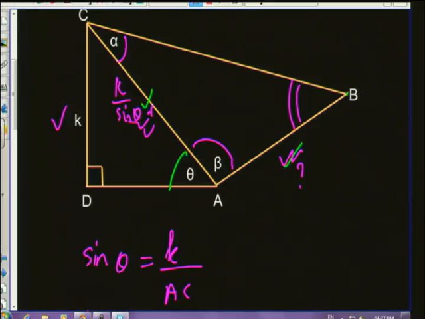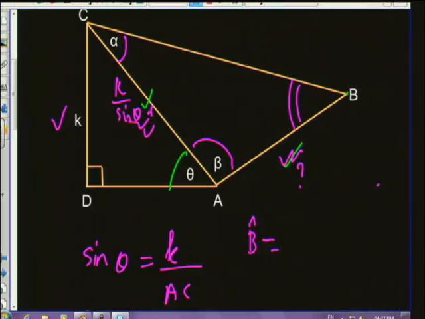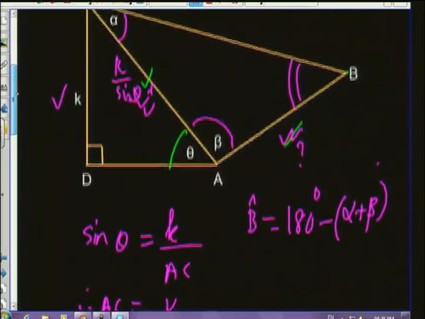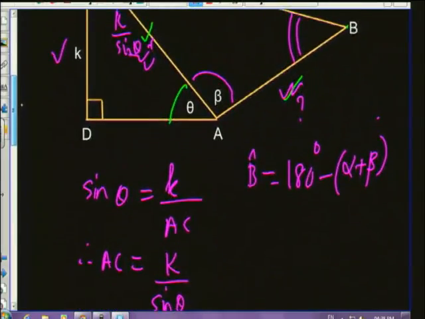So in other words, B is 180 degrees minus alpha plus beta, because beta plus alpha plus B equals 180 degrees, angles of a triangle.